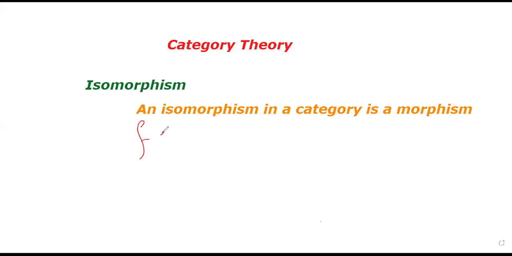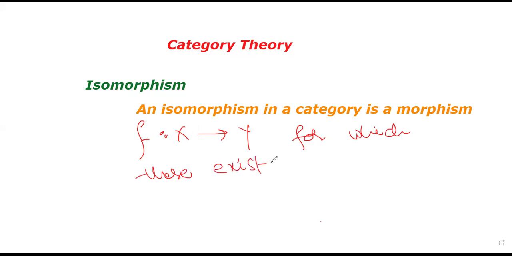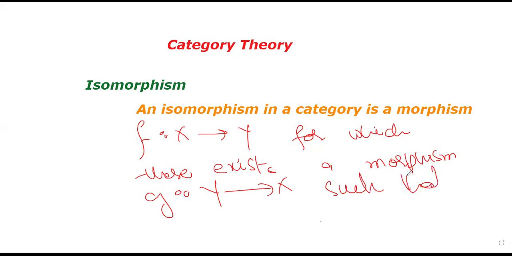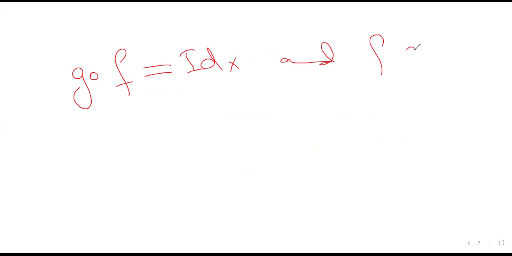Let's say f is a morphism from X to Y, where X and Y are the objects of the category, for which there exists a morphism g from Y to X such that f of g is equal to id on X and g of f is equal to id on Y.